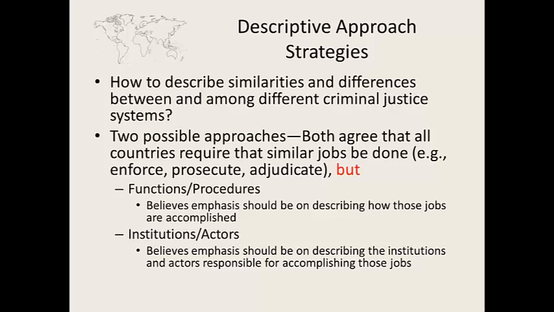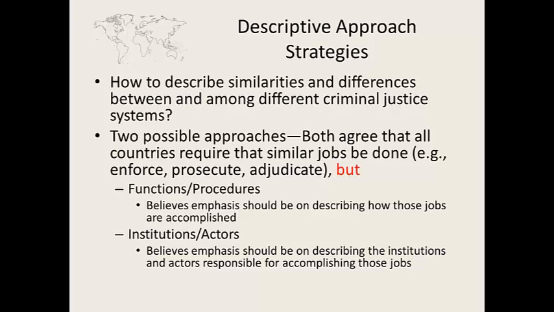One is called the functions and procedures approach, and when using this approach, we're interested in describing how various jobs are accomplished. The institutions and actors approach is one which emphasizes the particular responsibilities of the actors who are charged with accomplishing different jobs and the agencies and institutions that are set up to carry out the different procedures.